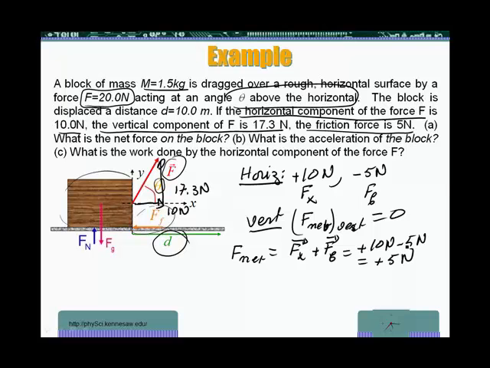Okay, wonderful. Now that we know the net force, we can find the acceleration very easily. The acceleration is just net force over m. In this case, that's going to be plus 5 newtons over 1.5 kilograms.